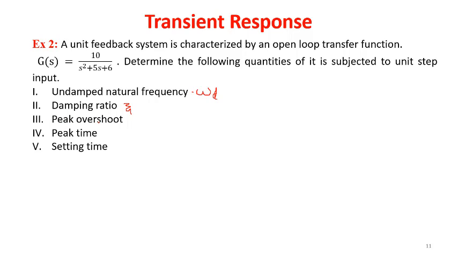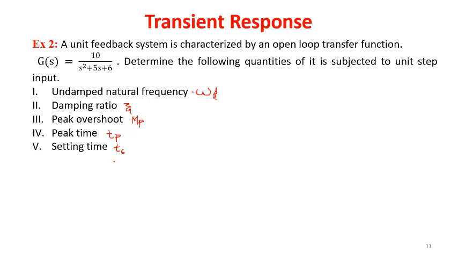Third, the percentage of peak overshoot, that is MP. Then the peak time, means the time at peak overshoot, that is TP. And the settling time, that is TS. This has to be found out.